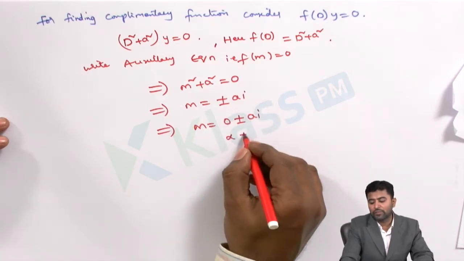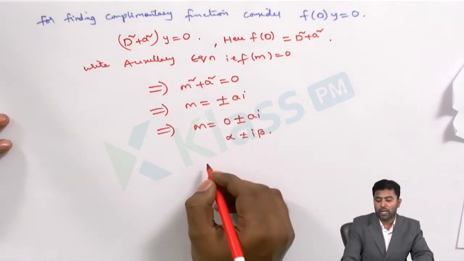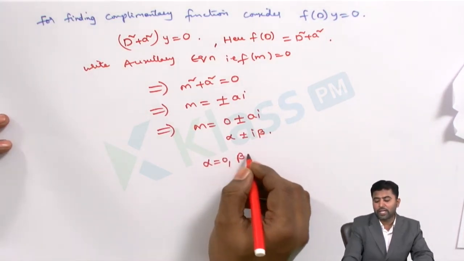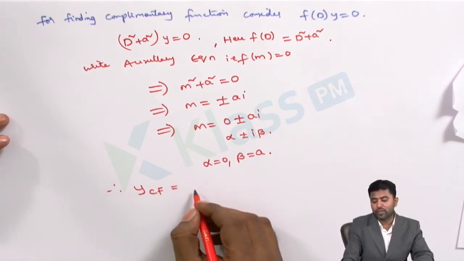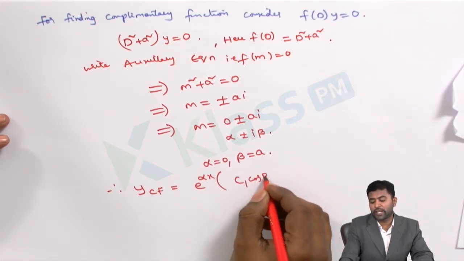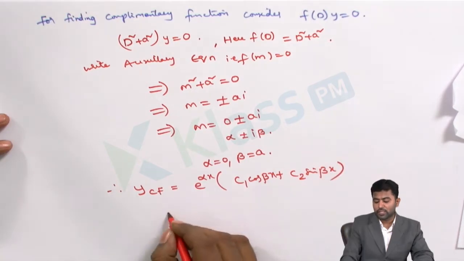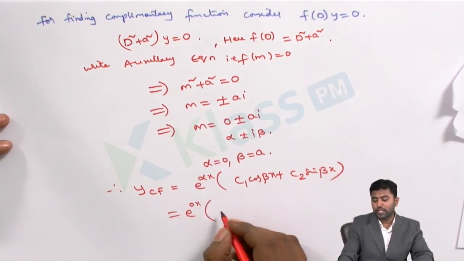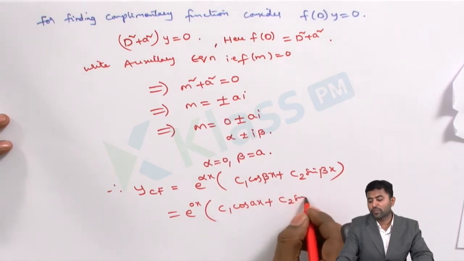So this is of the form alpha plus or minus i beta, where alpha is 0 and beta is a. So therefore I can write y CF is equal to e power alpha x into c1 cos beta x plus c2 sin beta x. Then this is equal to e power 0x into c1 cos ax plus c2 sin ax.